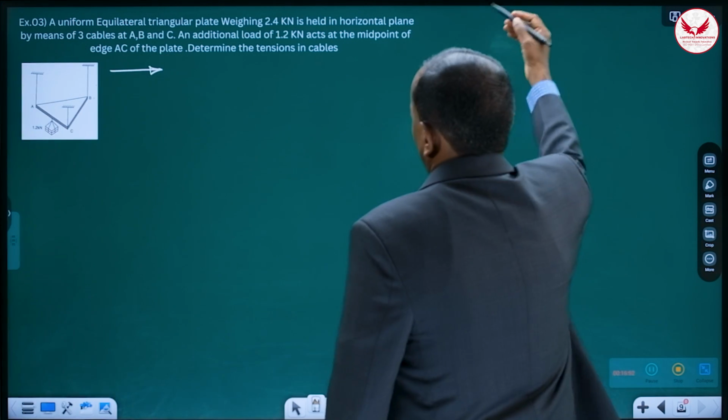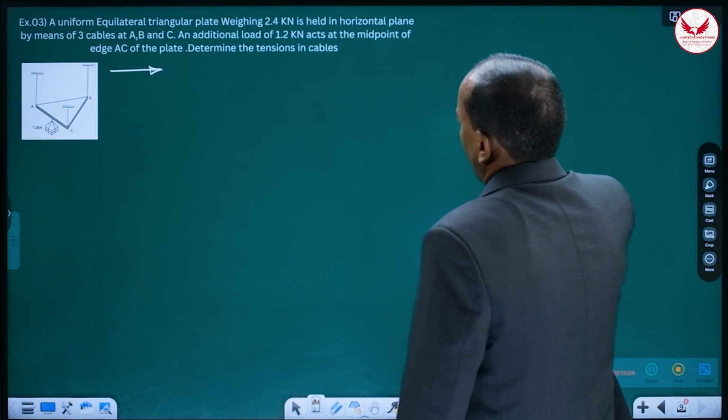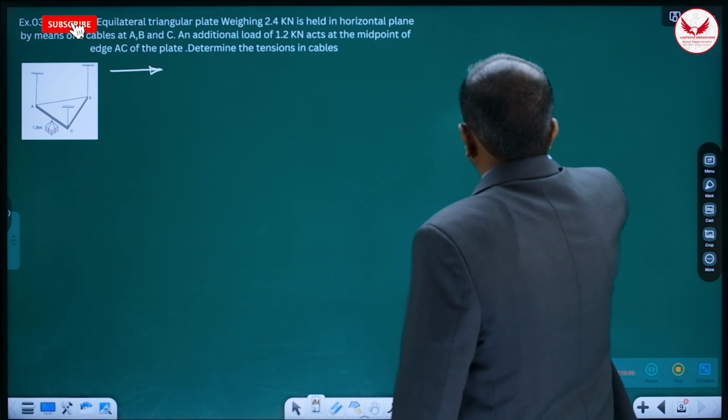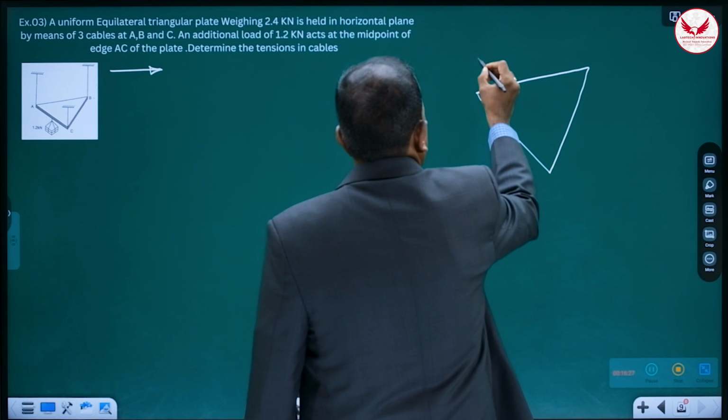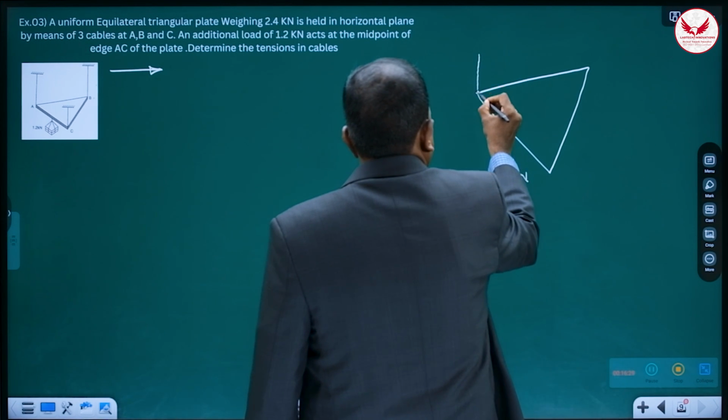So first we'll draw the free body diagram of this. Free body diagram means what? We'll be drawing this equilateral triangle, and exactly at its center this weight is there, 1.2 kilonewton, and the cables are there at these three corners.